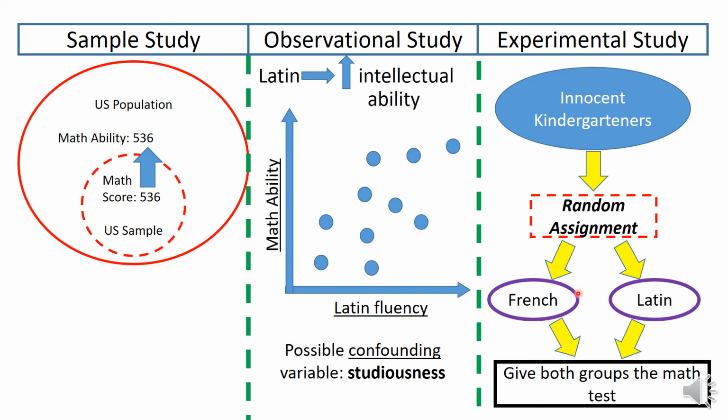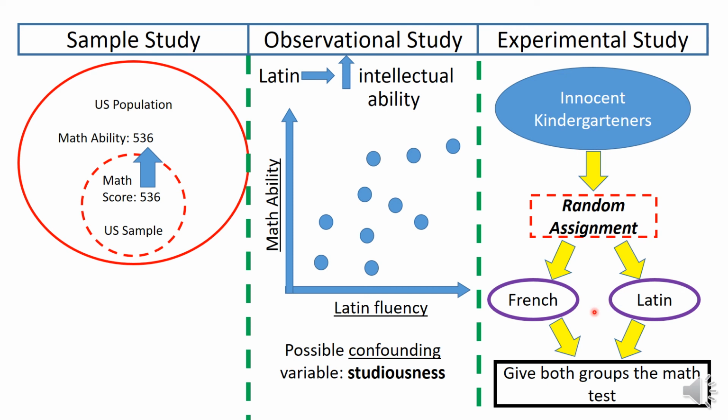In order to make it a real true experiment, we'd also want these classes to be designed pretty much the same way. If you could have them taught by the same teacher, that would be even better. The teacher doing the exact same foreign language program for both classes so that everything is the same except for which language they're learning, whether it's Latin or French. If you make that the only difference, then if this group happens to be better, we're pretty confident that the reason this group is better is because they took Latin.